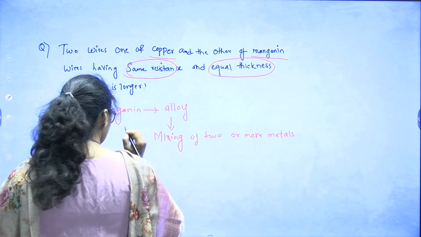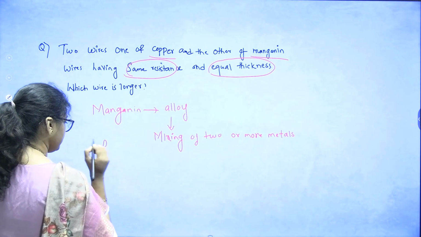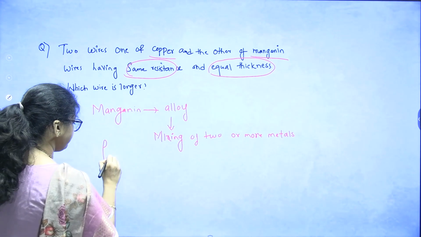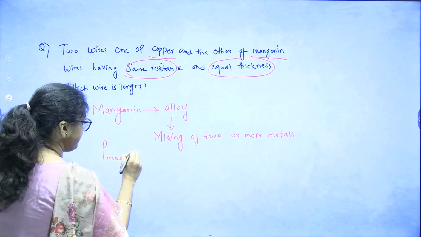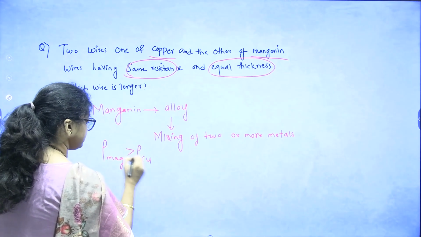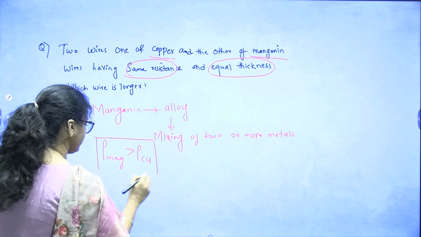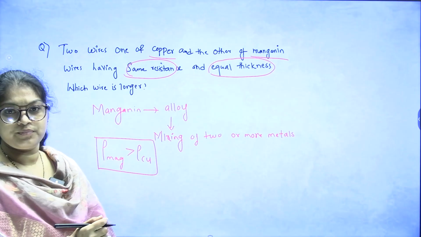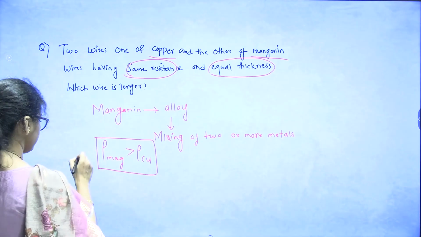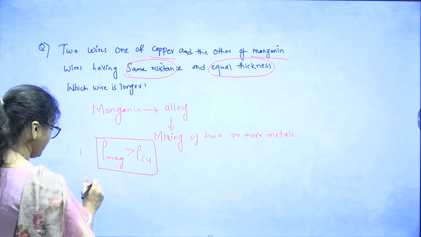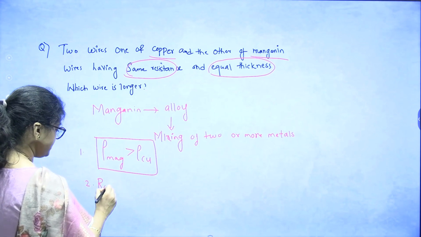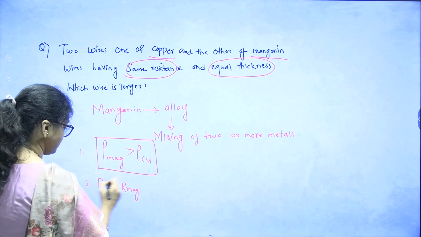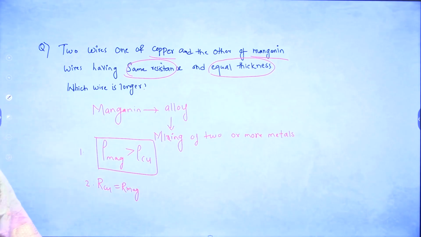Now, generally the resistivity for manganin wire will be more than copper. This is very important. This is the first condition. Second, resistances are the same, which means R copper is equal to R manganin.